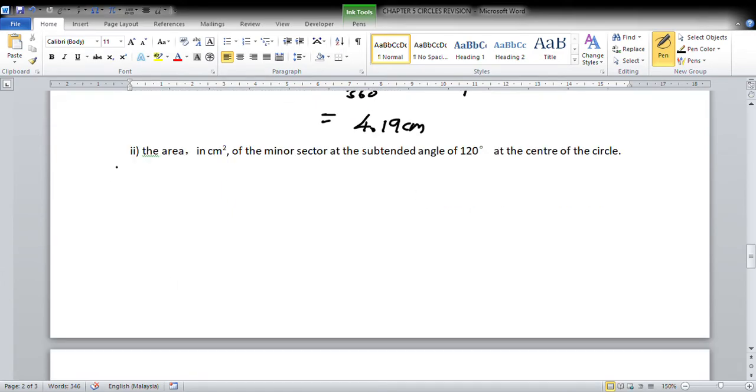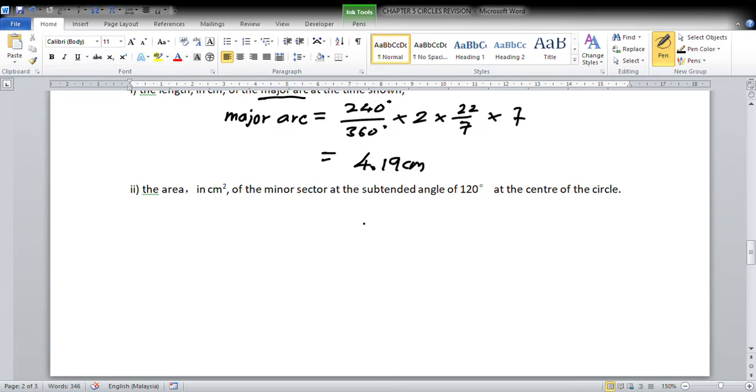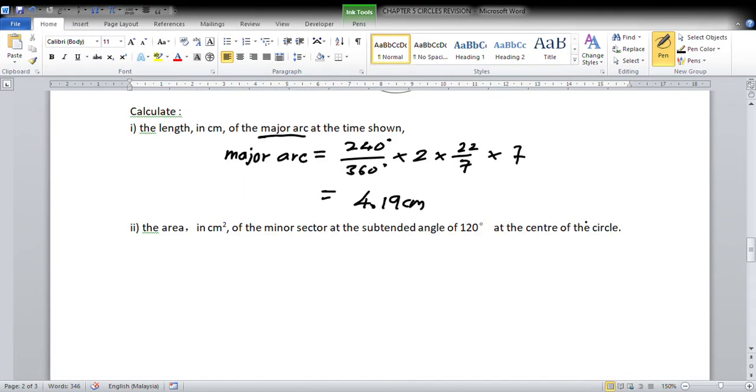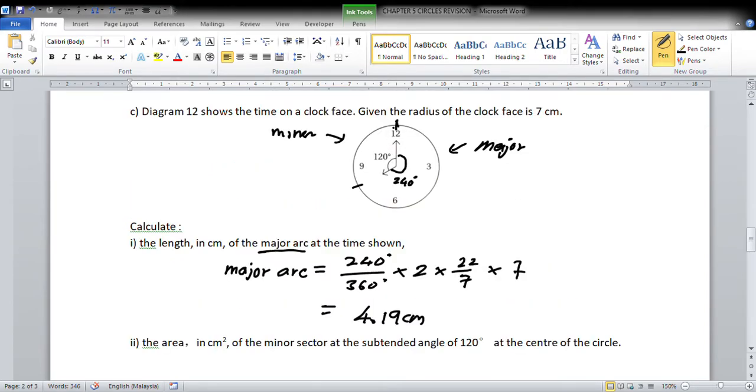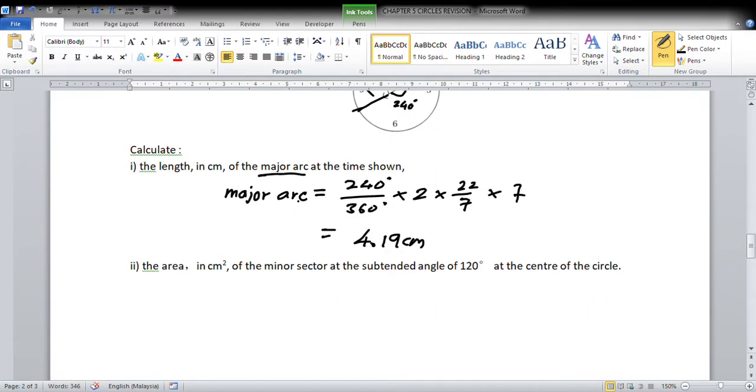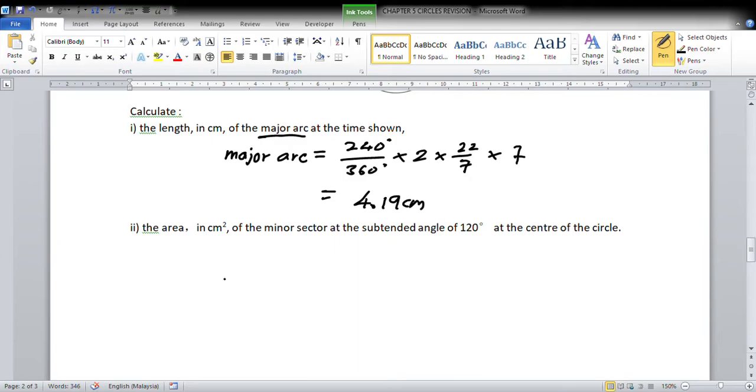Next, calculate the area of the minor sector, subtending an angle of 120 at the center of the circle. The question asks you to calculate the area of the minor sector, means this part. Again, it's not very difficult.